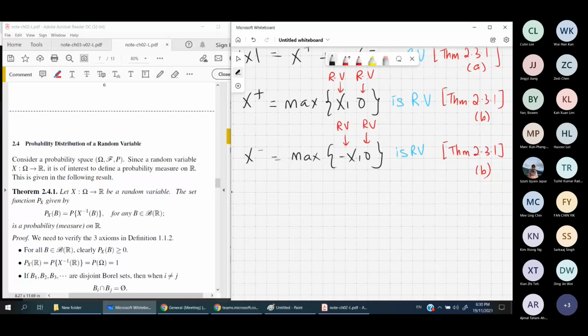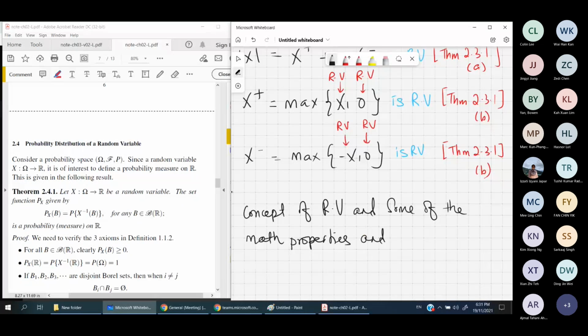Up to here, we discussed the concept of random variable and some of its mathematical behavior or properties, and some examples of it.